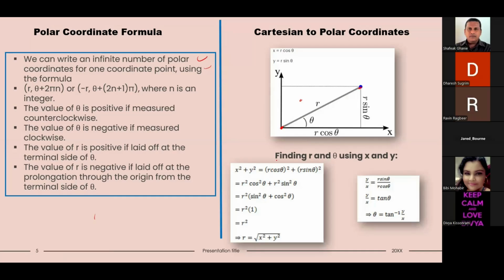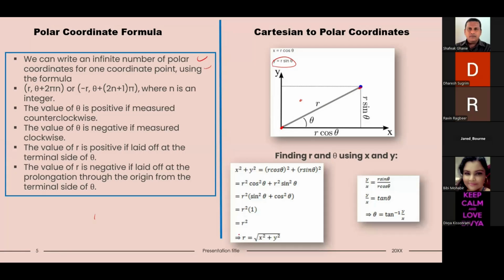So on this graph, you can clearly see that x is going to be equal to r cos theta, and y is going to be equal to r sin theta. Here r is the hypotenuse and the displacement angle is theta. So for x squared plus y squared, we get r cos theta squared plus r sin theta squared, right?